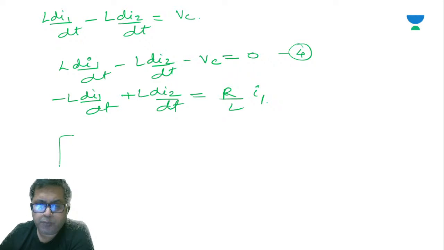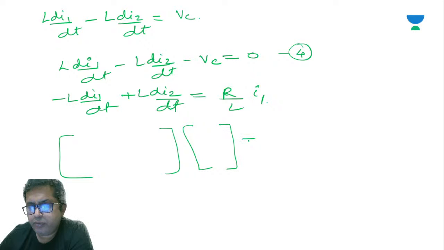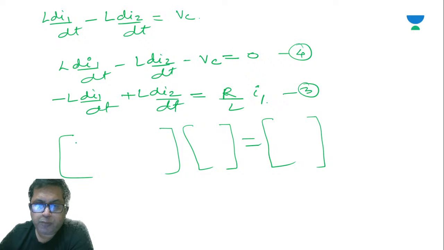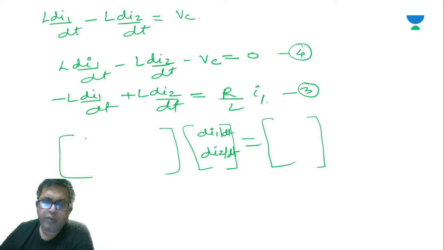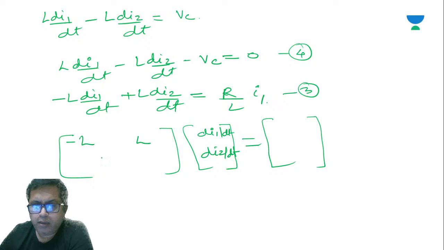Okay, so in state space form, I will write down di1 by dt, di2 by dt. This is L, this is minus L. This is 0.